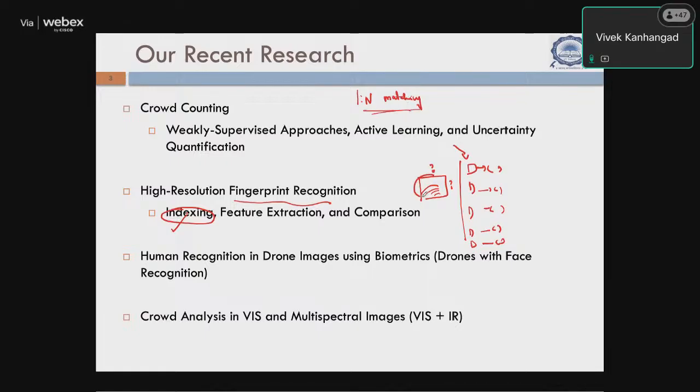Why is it 1 to n matching? Because you just have one image, and you're trying to decide who this belongs to. Or if it's a face image, you're trying to determine who this person is based on a database of images. For example, you have a face image of a person X, another face image of a person Y, so a lot of face images in the database, and the image you have can be considered what we call a query. It's very similar to search.